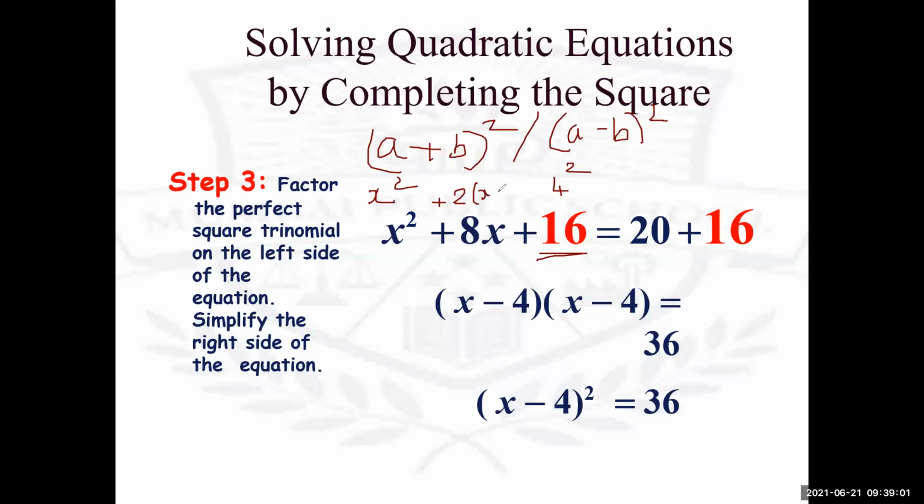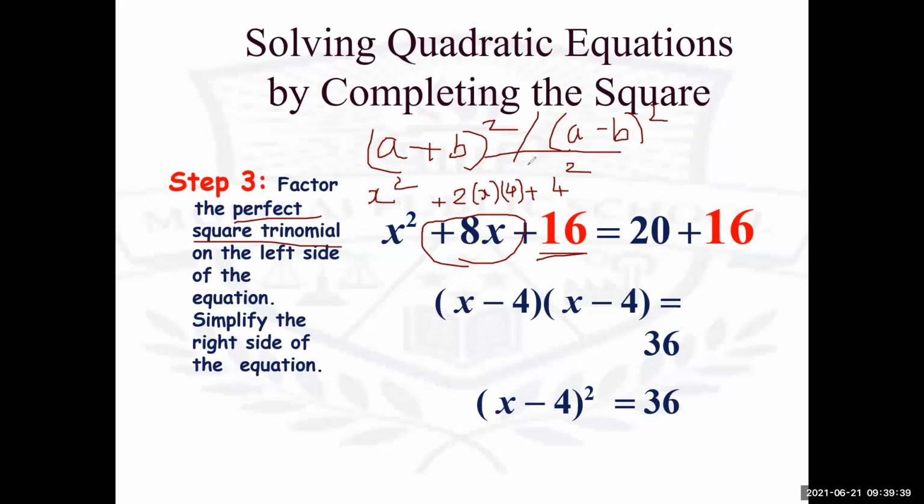When you make it a perfect square trinomial, x square plus 8x plus 16 is actually in the form of x square plus 2 into x into 4 plus 4 square. So it is in the form of a plus b the whole square.